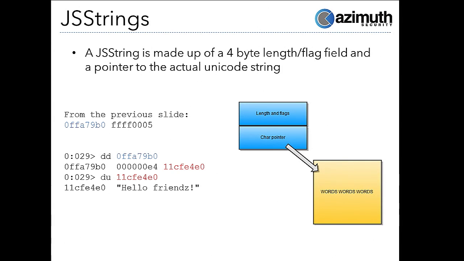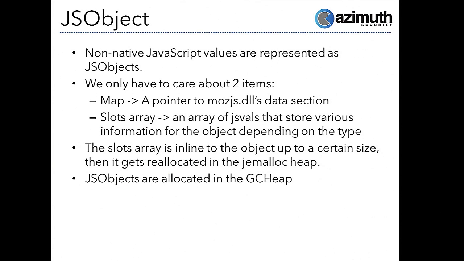And then we have a JS object. Any non-native JavaScript object is represented as this. I say non-native in the sense that it's not a number or a boolean or something very simple.